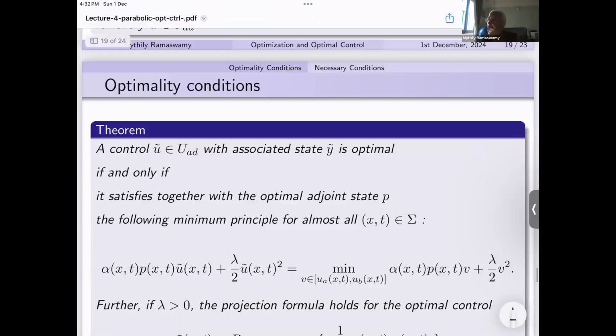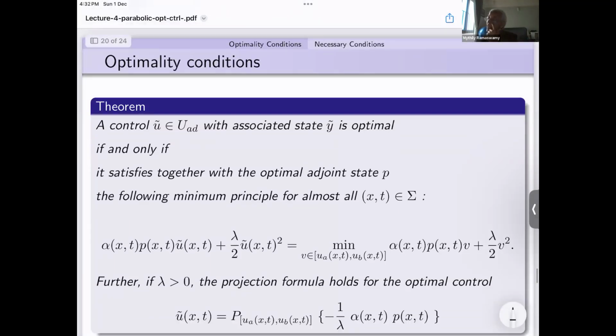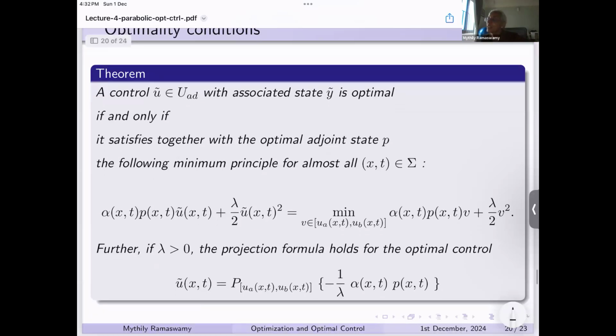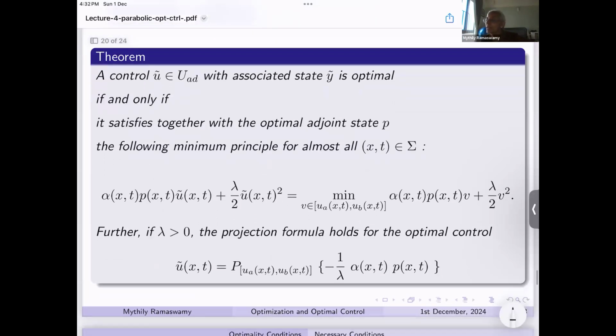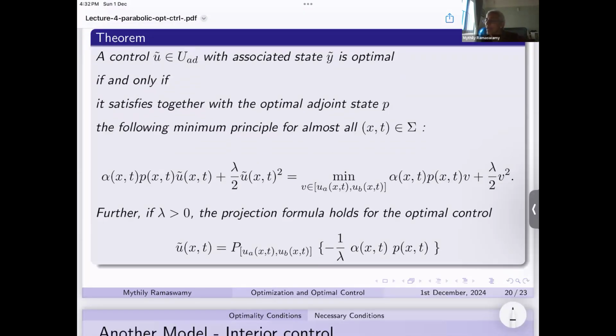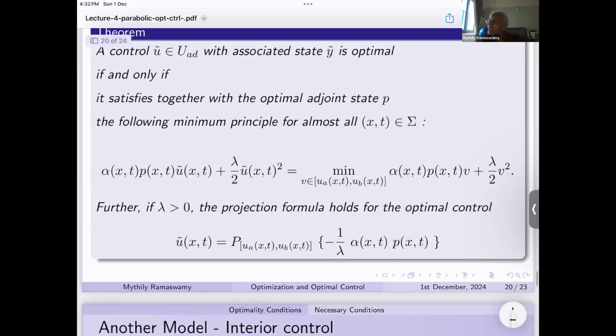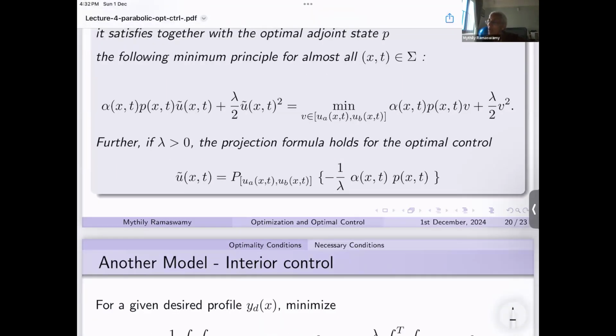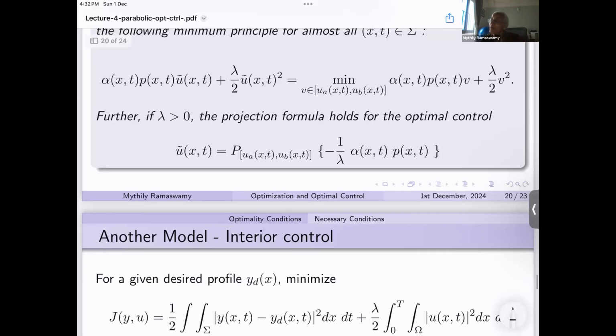So a control associated with the state Y tilde is optimal if and only if, if I have a projection, this kind of minimum principle we have, if lambda is strictly positive, then I can project it between UA and UB.